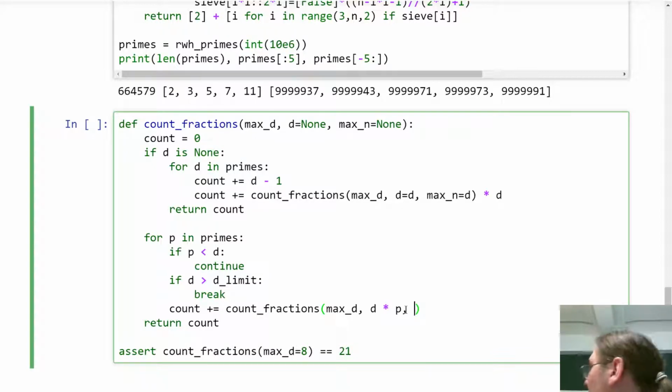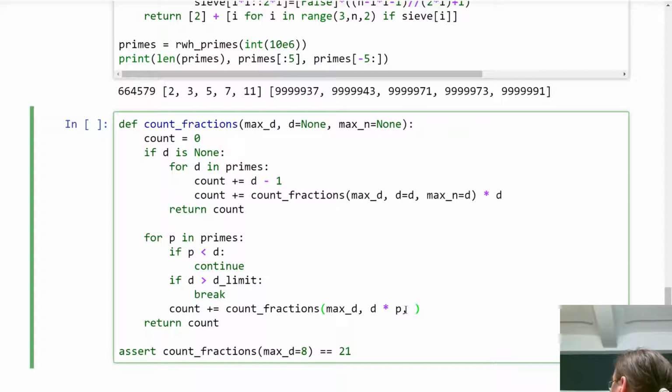For a particular part of this, looking at 1D. A number is prime 1 times prime 2.